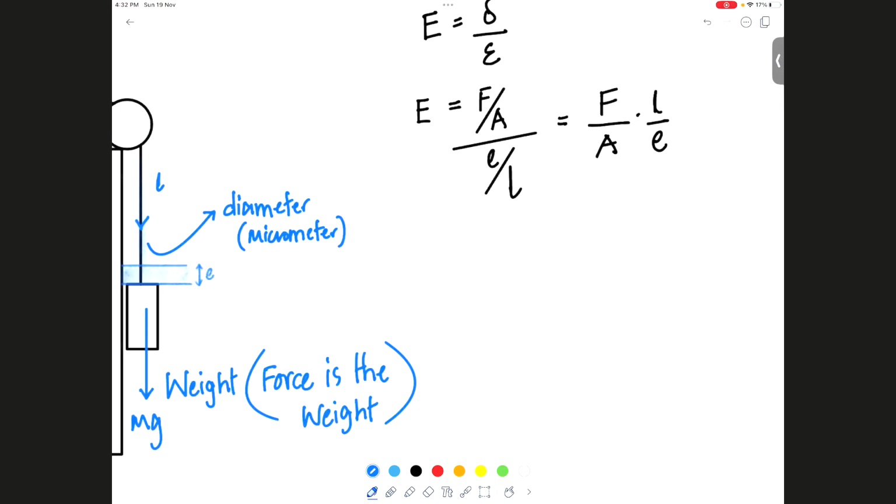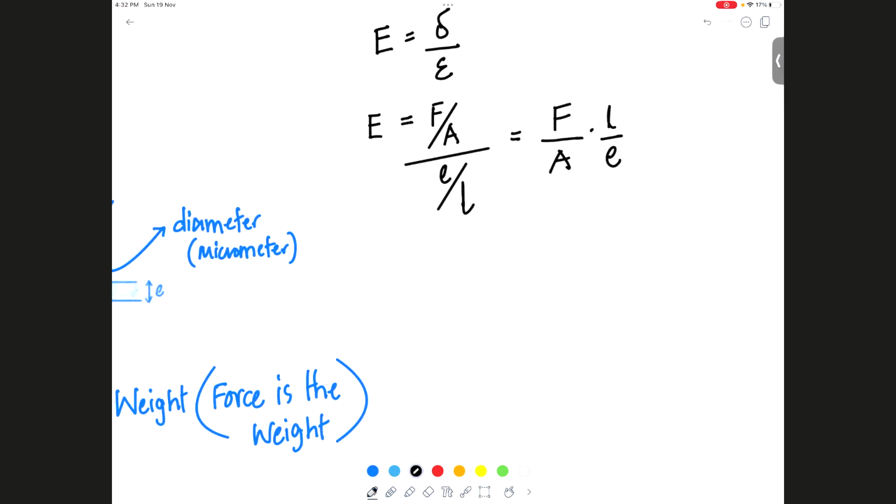So look at this. The question they ask you is, why do we need a long and thin wire for a good extension? So I'll take the extension and bring it to this side. I'll make the extension the subject. If I want to maximize extension, I'll try to keep the force the same, right?